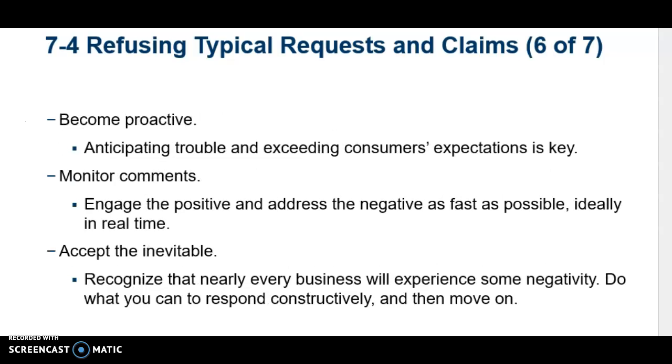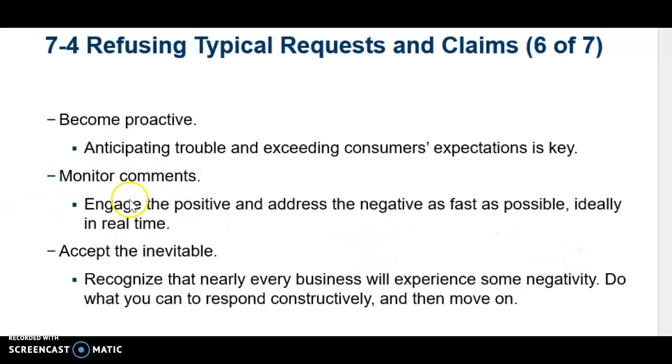Become proactive. That's very important. Anticipate the trouble and try to exceed the consumer's expectations. Monitor comments. Engage the positive and address the negative as fast as possible.